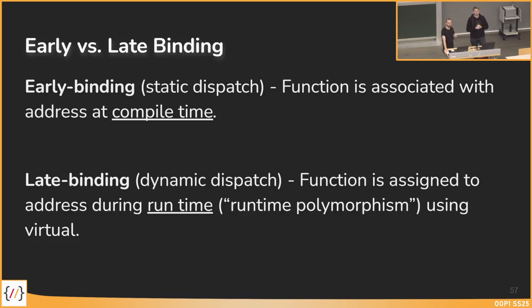We also call this runtime polymorphism, and this means that the function is assigned to a specific address not during compile time, but during runtime, when the program already runs. And this is a great advantage when we use virtual: we don't have to know the addresses of the functions at compile time, but can have a dynamic assignment of functions during runtime. So depending on the type. Exactly.